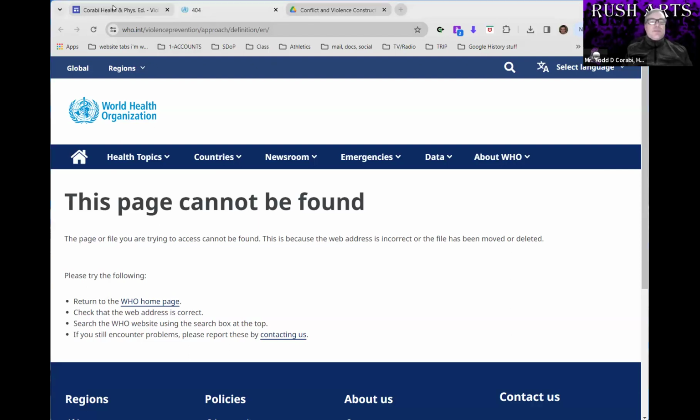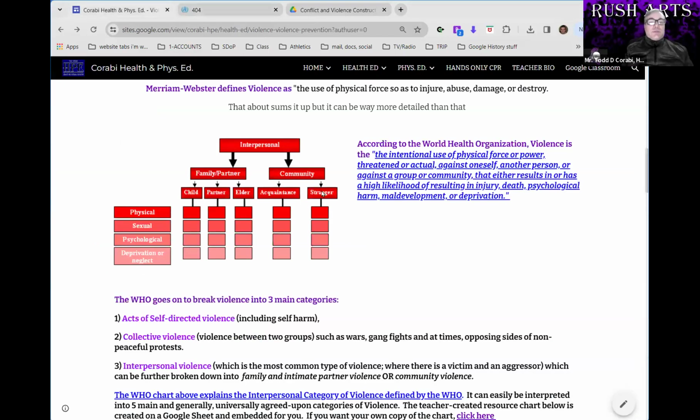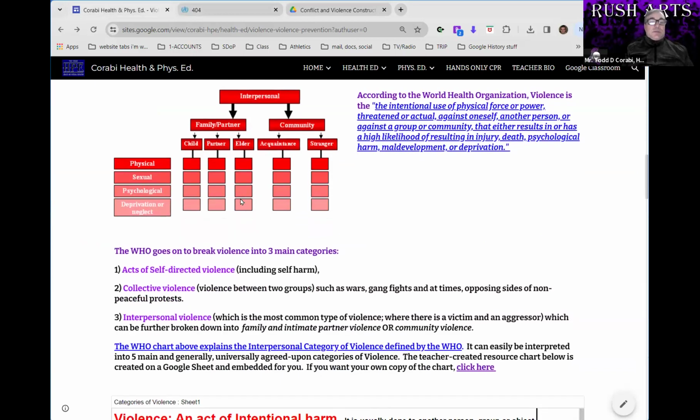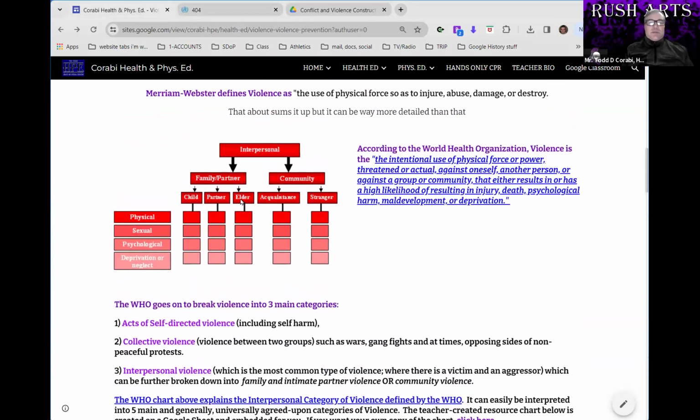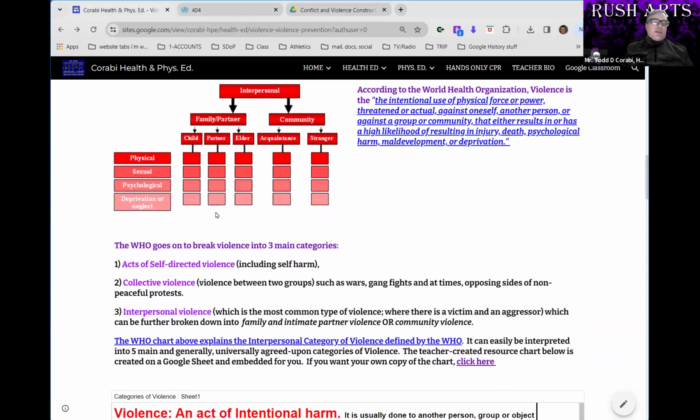But if you go to the World Health Organization's definition of violence, then, where was I? According to the World Health Organization, anyway, interpersonal violence.